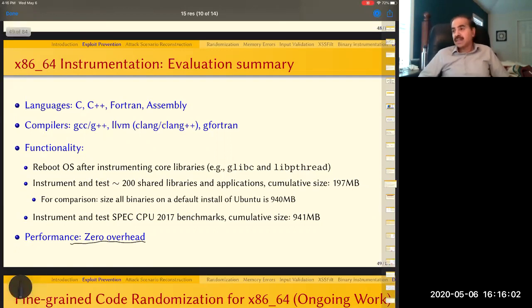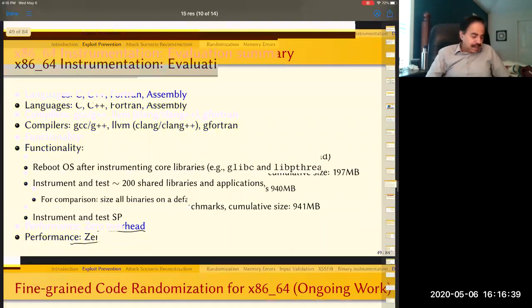Zero overhead means that you didn't try to add any significant runtime checks, because if you add instrumentation that requires a lot of runtime checks, then of course the added instrumentation will always have overhead. So when we say zero overhead here, what we mean is that the infrastructure itself does not produce any overhead. It's the actual instrumentation that you decide to add.